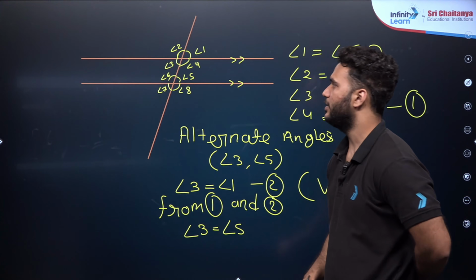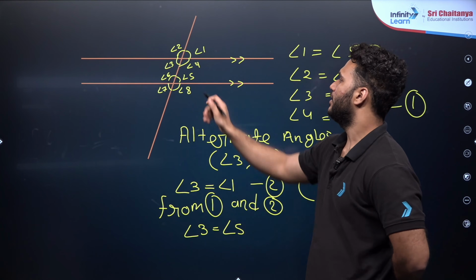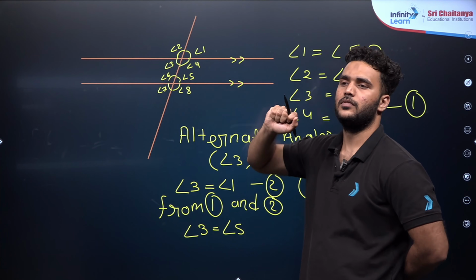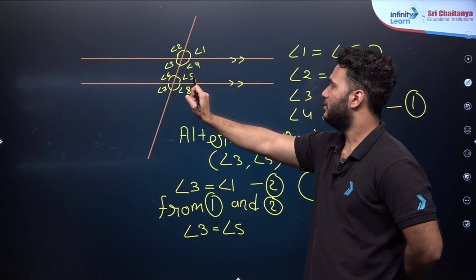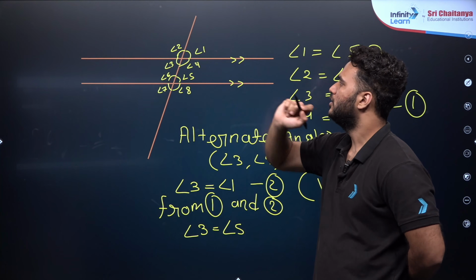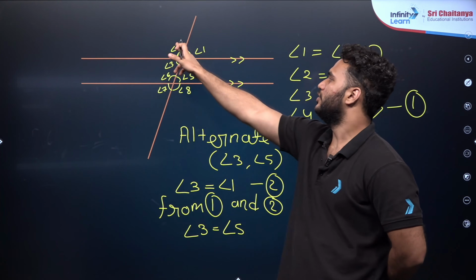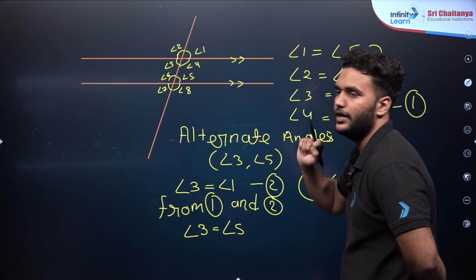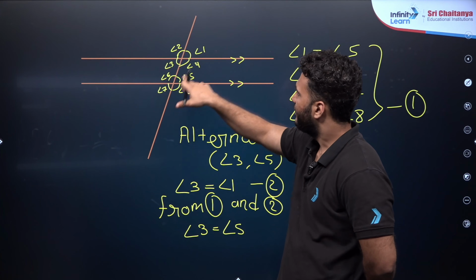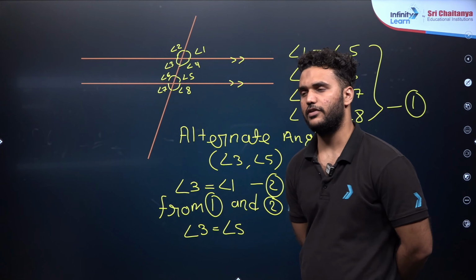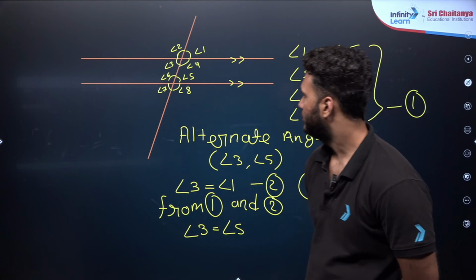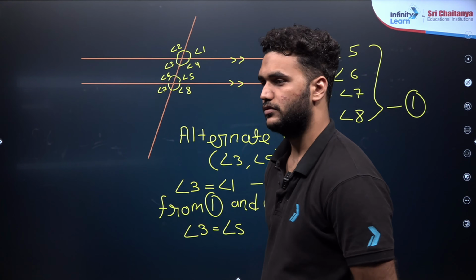Automatically, angle 3 and 5 will be equal. In a similar way, you can prove it for angle 4 and 6. You can prove it for 2 and 8. Why? 2 is equal to 4 and 4 is equal to 8. You can prove it for 7 and 1. Any doubt till yet? Anyone?